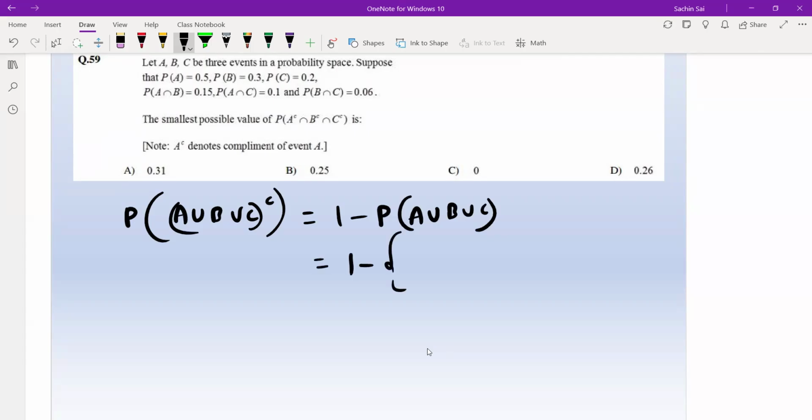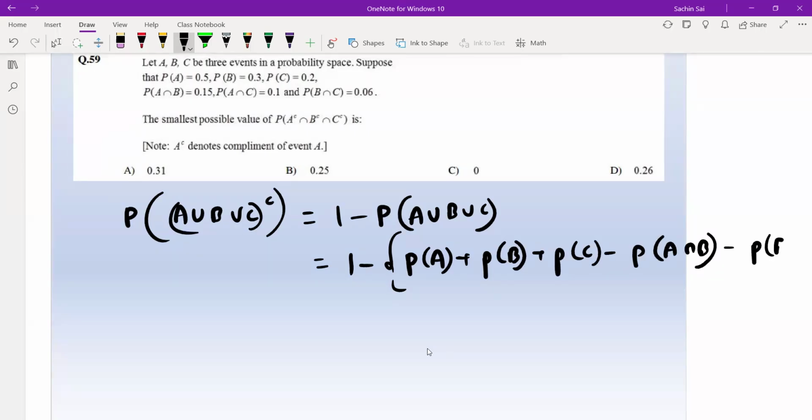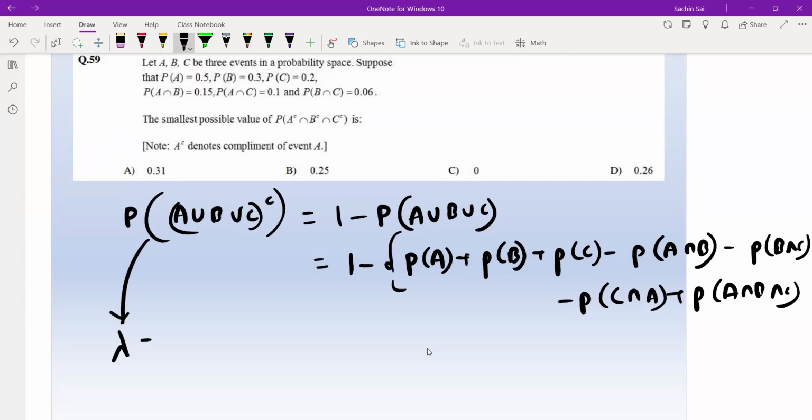How do we expand P of A union B union C? We have P of A plus P of B plus P of C minus P of A intersection B minus P of B intersection C minus P of C intersection A plus P of A intersection B intersection C. So let us say this is the required value. We will call it lambda.